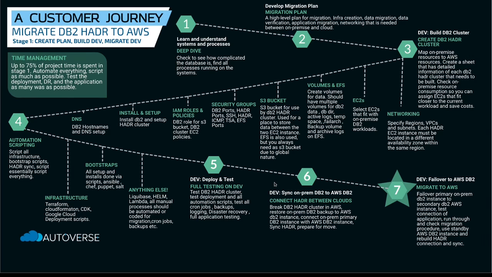And so you take a backup of your primary database server on AWS, and you restore it on the standby server within AWS, and then you resync HADR. And now the whole cluster is created in AWS, and you're done.